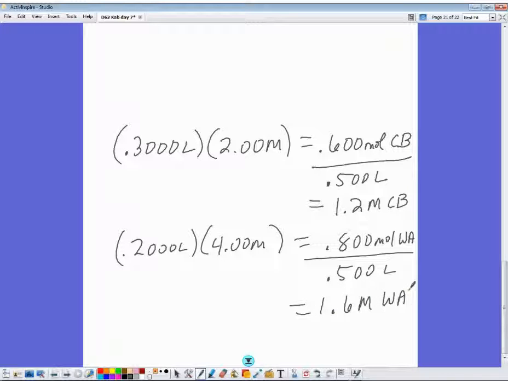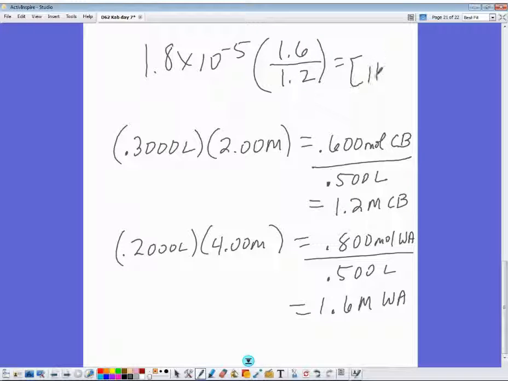And so now 1.8 times 10 to the minus 5 times 1.6 over 1.2 is how you get your H plus, right? So you can't use their molarities when they're in two separate beakers because they're not a buffer. If they're not a buffer, you can't use HH.